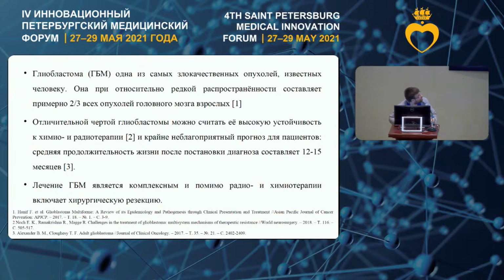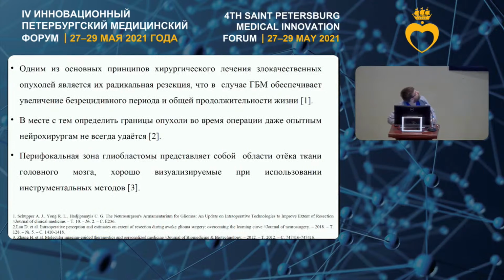The life duration is a maximum of 1.5 years. That's the survival, while glioblastoma treatment is very complex, and besides radiotherapy, it includes chemotherapy. One should mention that more than half of glioblastomas are resistant to the first-line therapy with temozolomide agents.